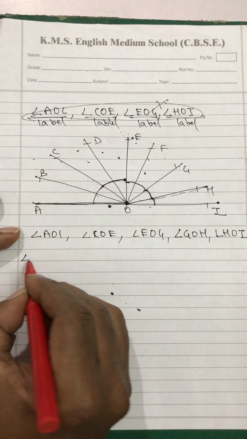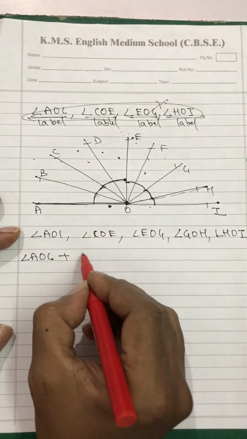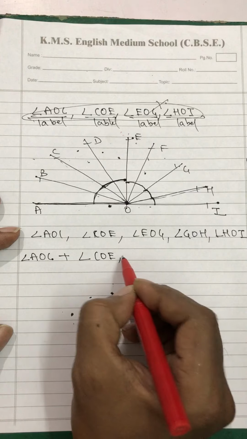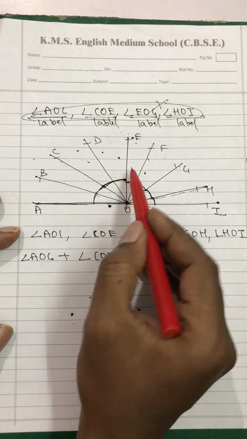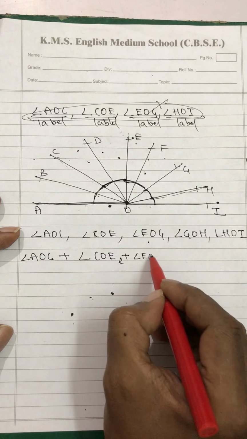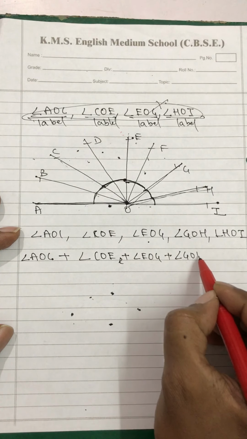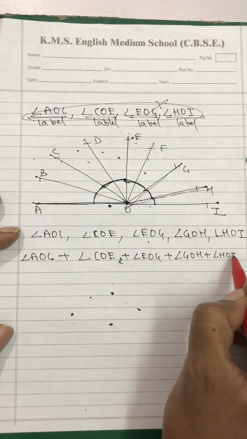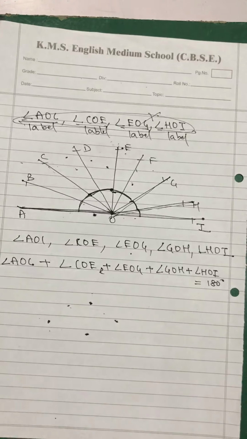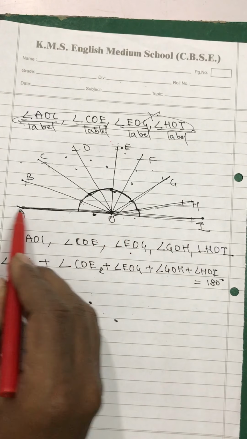Then I could have written angle AOC plus angle COE plus angle EOG plus angle GOH plus angle HOI, all in continuity, no overlapping, no gap. Because they form a complete straight line, it is equal to 180 degrees, because it is nothing but angle AOI, which is a straight line.